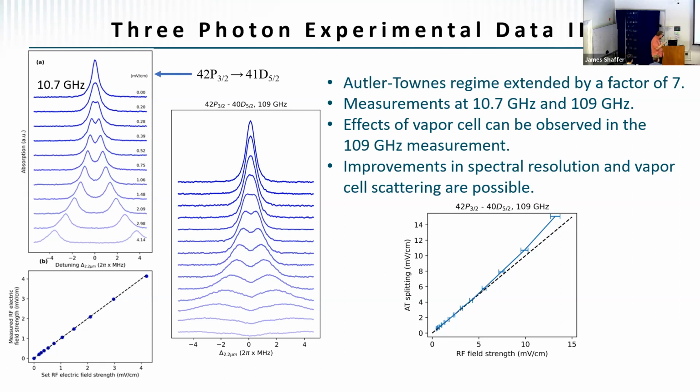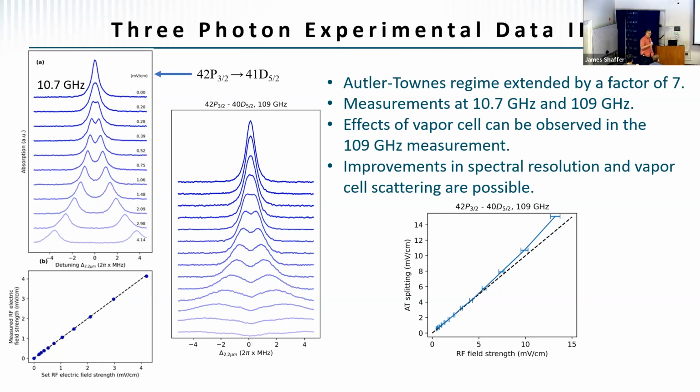Nominally, which is demonstrated by the 10.7 gigahertz data, we would get a linear splitting as a function of the applied field, we think. That's true for this particular case at 10.7, but if you look at the equivalent data for 109 gigahertz, you see a deviation when we get to higher field.